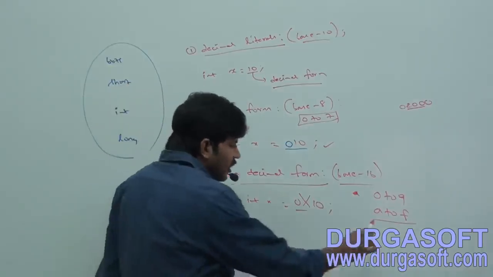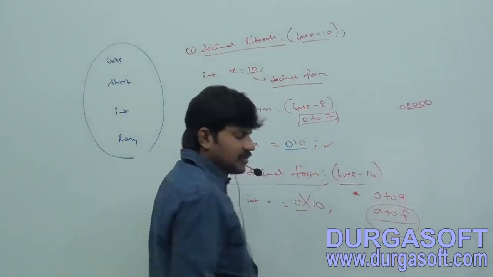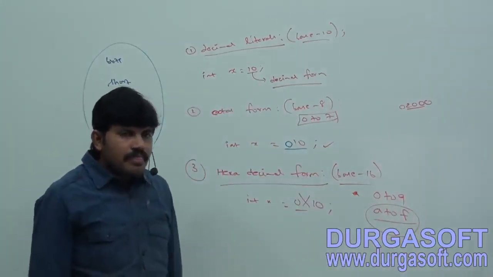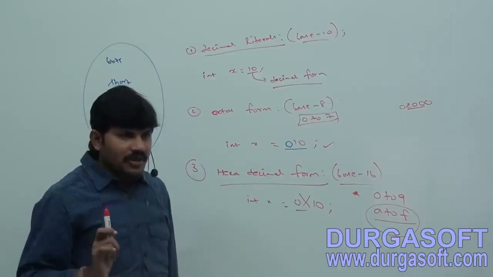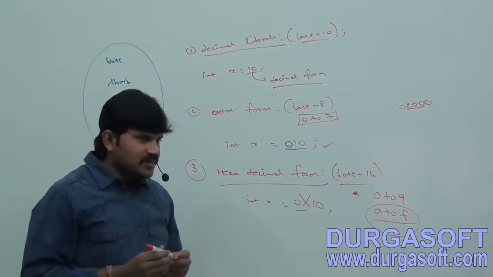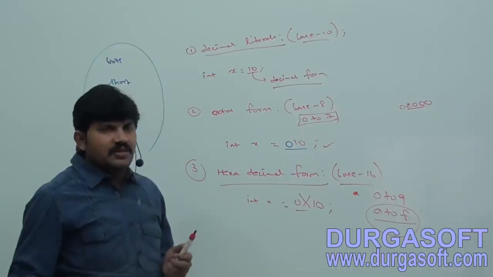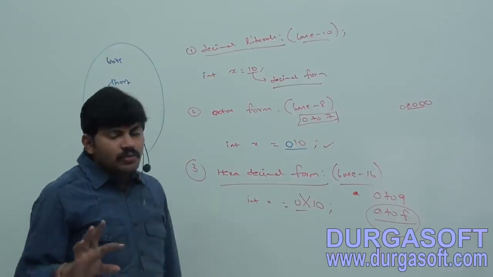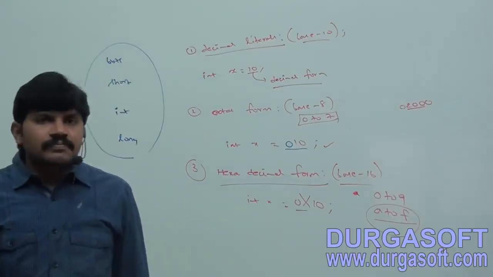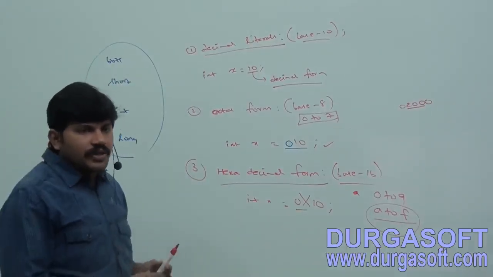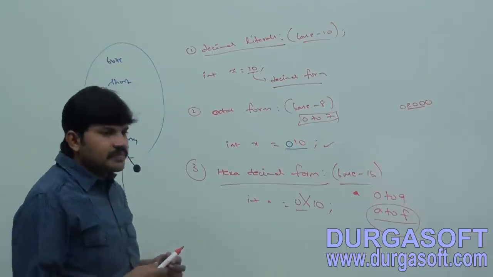But here one small doubt is there. Sir, A to F, is it lowercase or uppercase? Java is a case sensitive programming language. Have you remembered, in the last class I covered, Java itself is case sensitive. Sir, can you tell, A to F lowercase or uppercase?